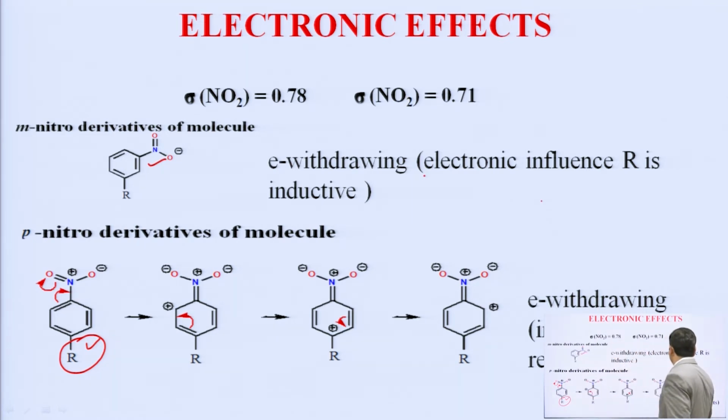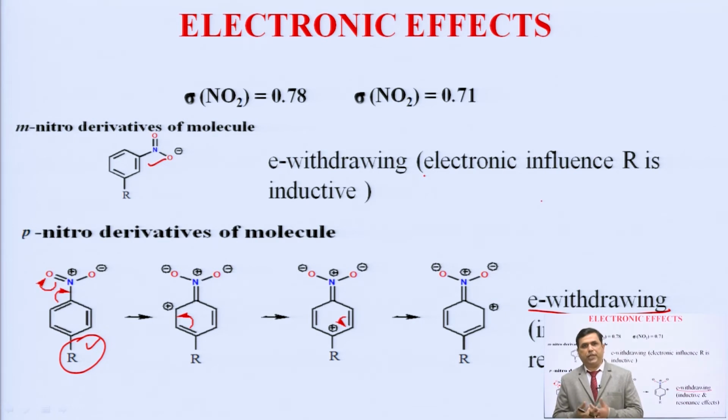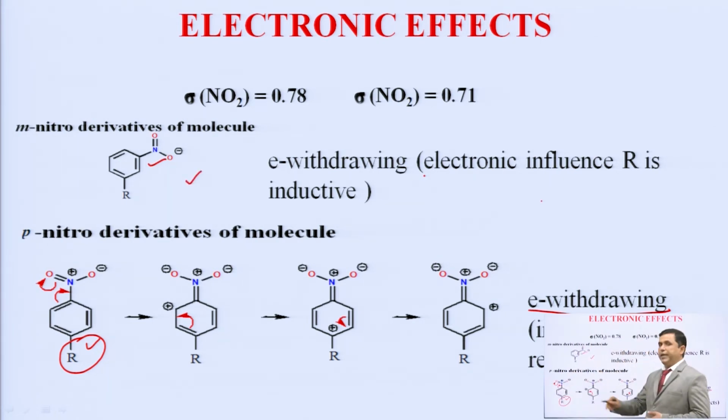So, the electron withdrawing substituent is the same, only the position is different. In the first case, when it is present at meta, it is only and only inductive. If it is present at para, the electron withdrawing effect is inductive and resonance both.